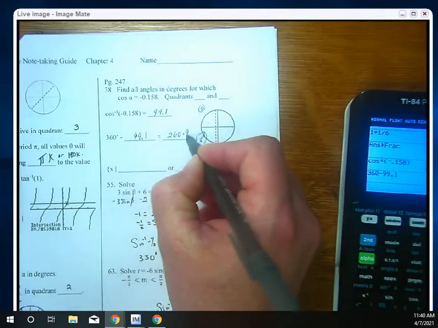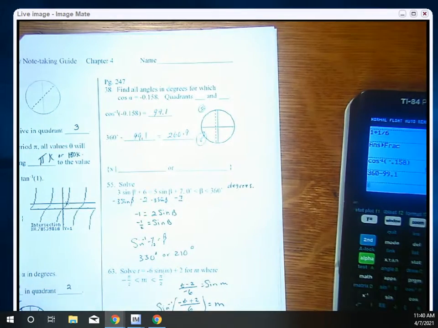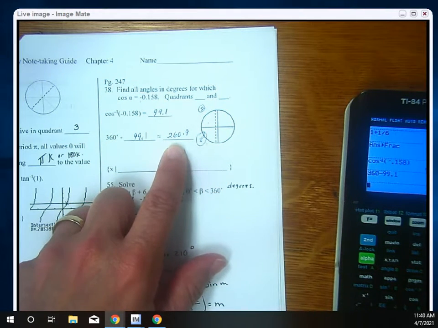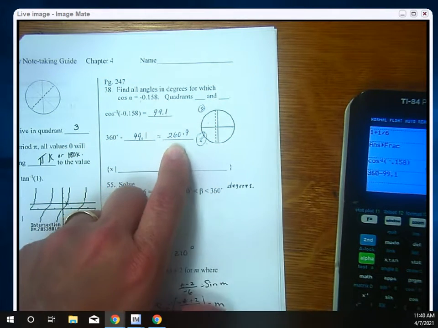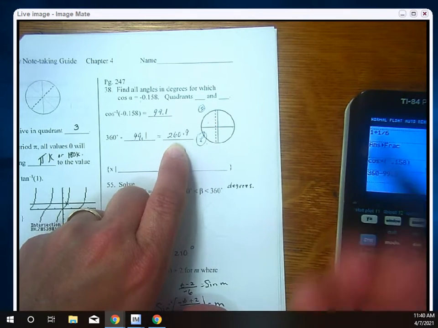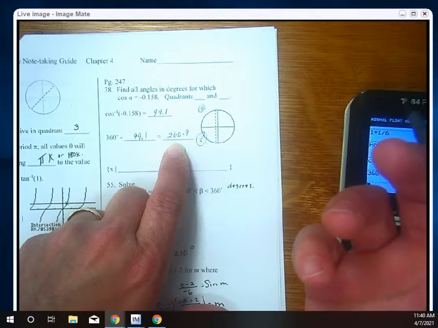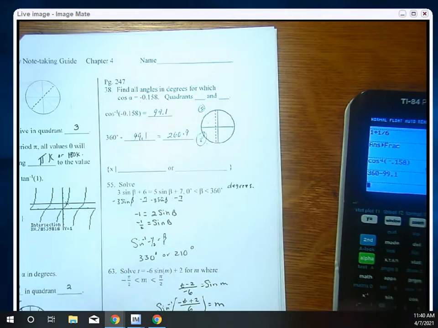Now, we know that we have to be in the third quadrant. So if this degree measure is, say, 270.9, we're not in the third quadrant, you know you've messed up. So that kind of helps.